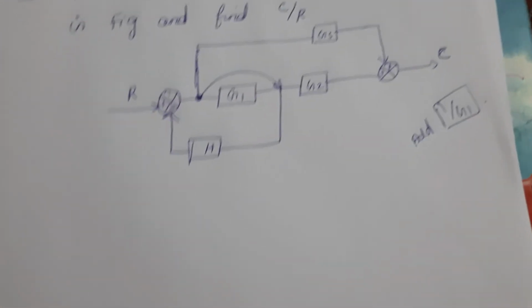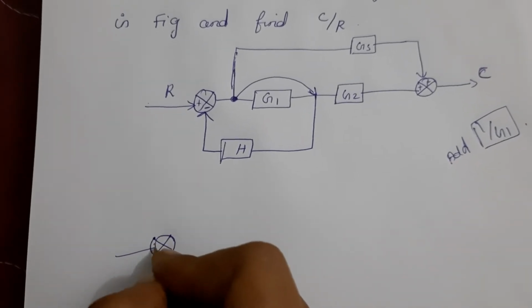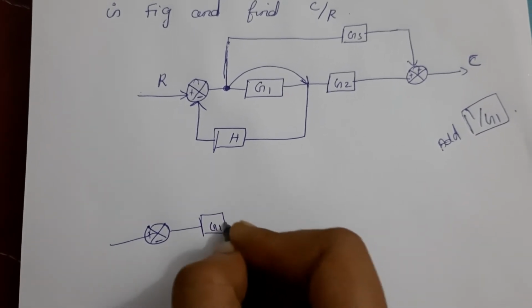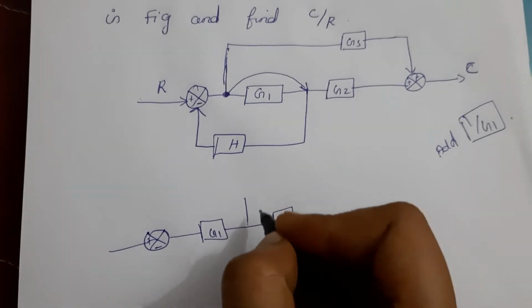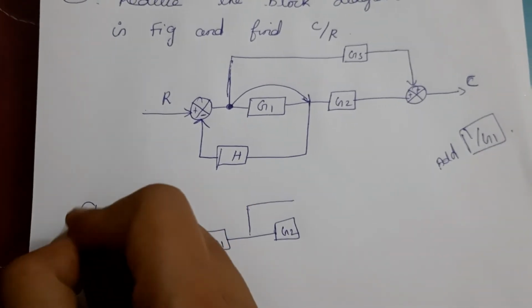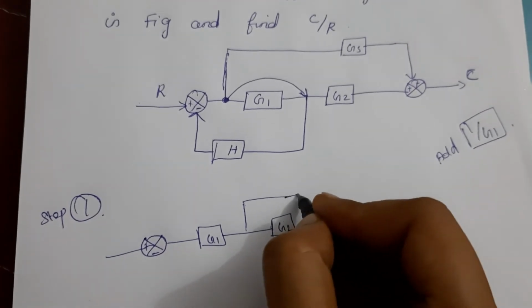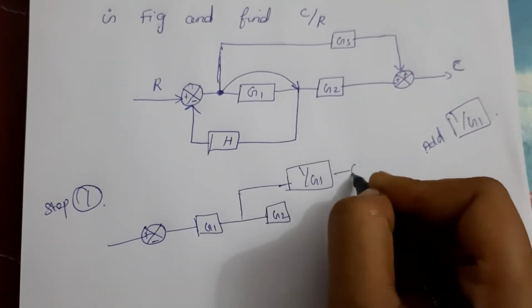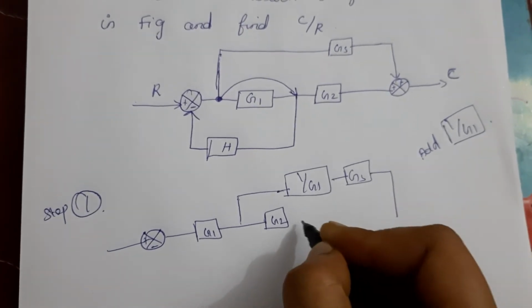So now this diagram becomes plus, minus, G1, this is G2, and this is step 1. So this becomes 1 by G1 and G3 and the summing point.